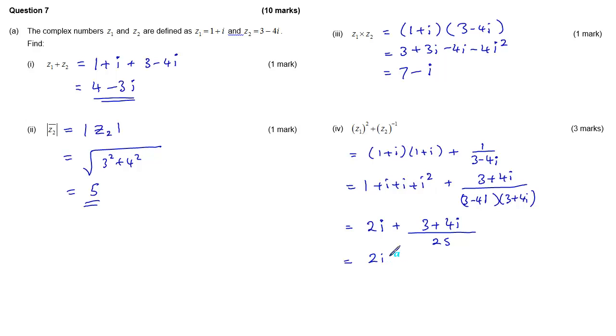So we've got 2i plus 3 over 25 plus 4 over 25 i. 2i, of course, is 50 over 25 i. So that's going to be 3 over 25 add 54 over 25 i.